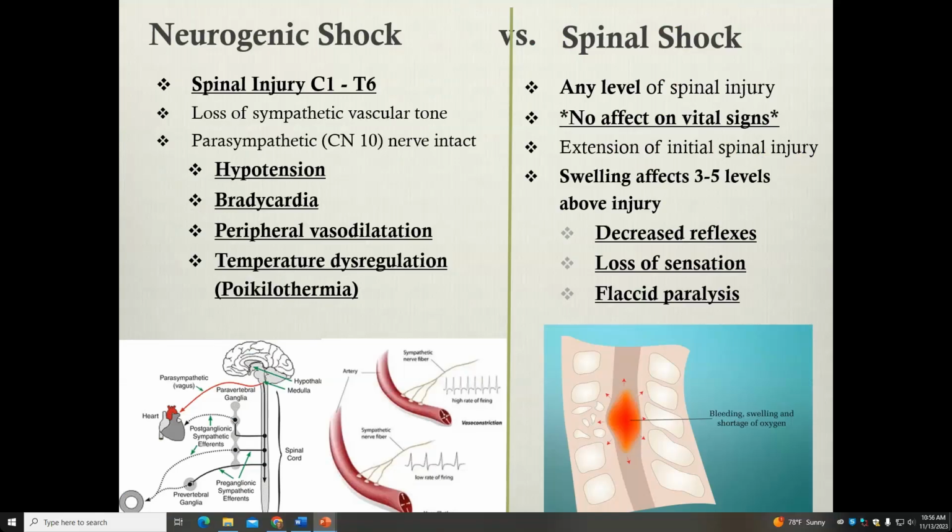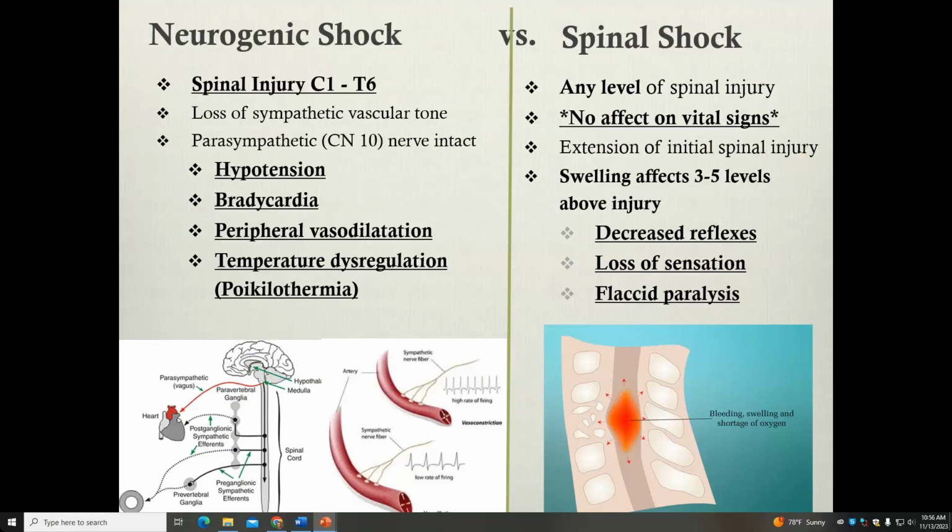Your sympathetic nervous system. What does your sympathetic nervous system do? Fight, raising blood pressure, raising heart rate, raising respiratory rate, right? All that good stuff. In a spinal cord injury, you can't do it. If T6 and above swells, this area can't get out. The sympathetic signal from the brain is saying, get that blood pressure up.